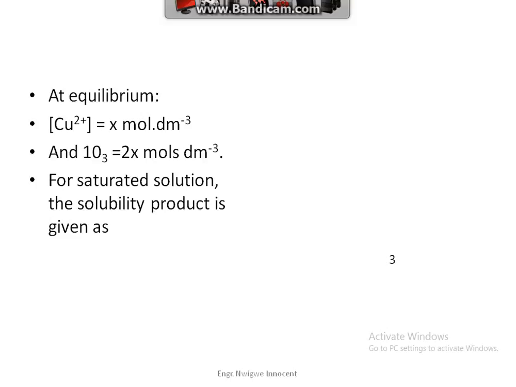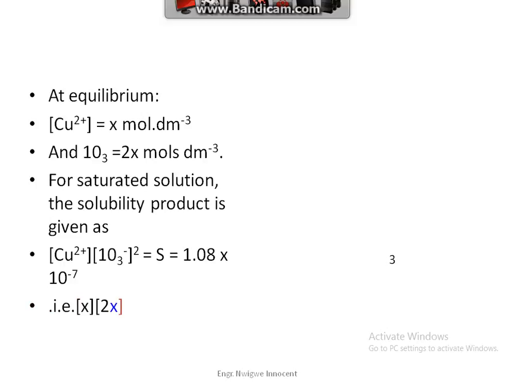For saturated solution, the solubility product is given as Cu2 positive ion times IO3 negative ion squared, which is equal to Ksp, which is equal to 1.08 times 10 raised to the power minus 7. That is, the concentration of S times 2S squared is equal to 1.08 times 10 raised to the power minus 7.